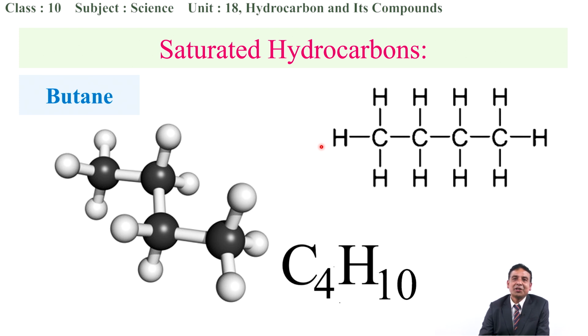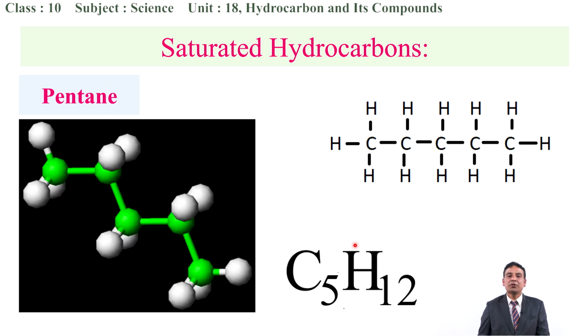Dear students, please relate it in your copy and try to write the structure and the molecular formula in relation to CnH2n+2. Obviously you will find C4H10 is the correct molecular formula for butane, because butane has 4 carbon atoms, C4, then H is 2 into 4, 8 plus 2, 10. So you will get C4H10 as the molecular formula of what? Butane.